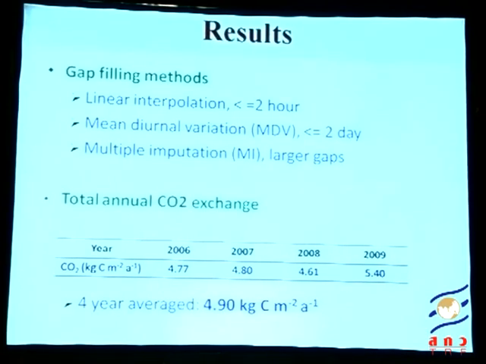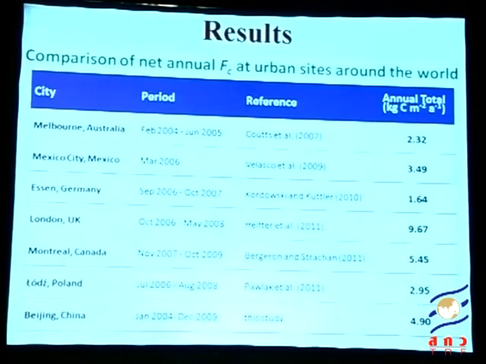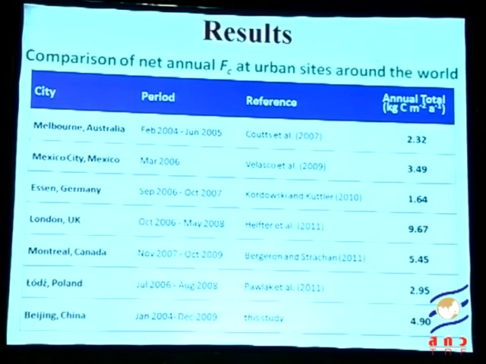Totally, we can get the annual carbon dioxide exchange over 4 years. The range is near 5 kilograms of carbon, not carbon dioxide, carbon per square meter per year. Compared with others, I have to say it's not the biggest, but it is among the largest.